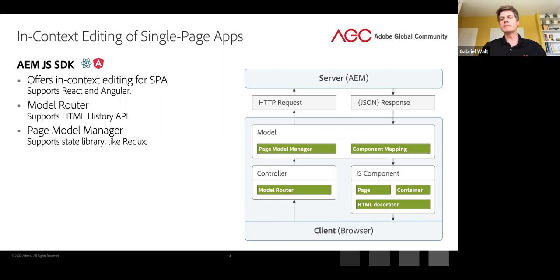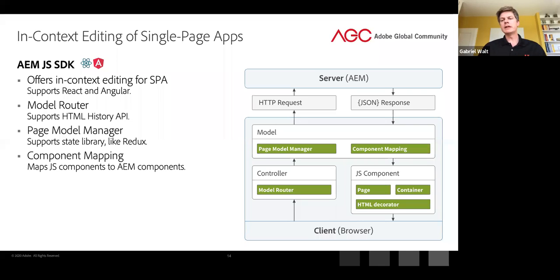And then we have a number of components that are available, not very many so far. It's basically the basics that we have, like the page component and the container component, those that need to iterate over their children, we provide. But then how you want to implement a teaser component or a carousel component is so far really up to the implementation here. So you can do that however you want.